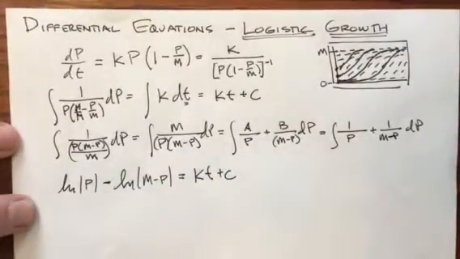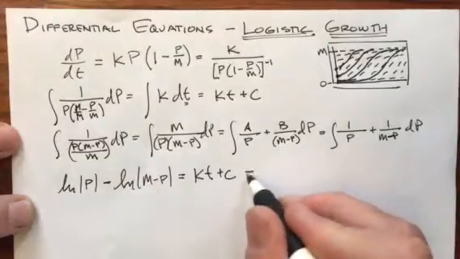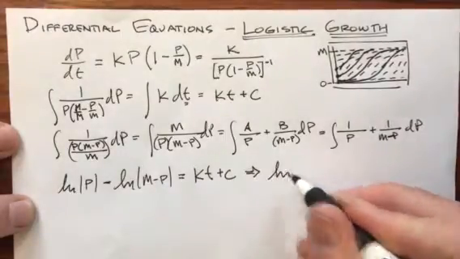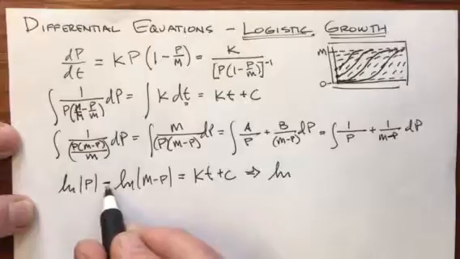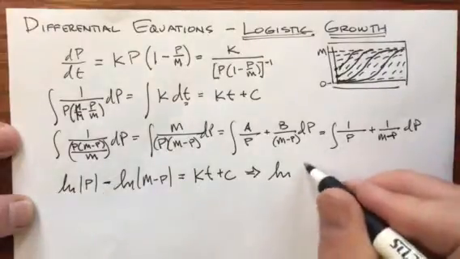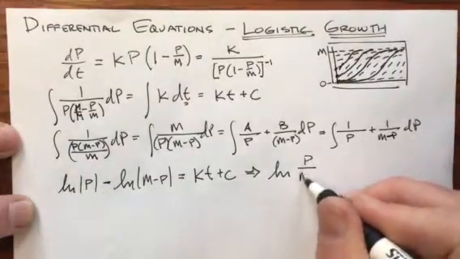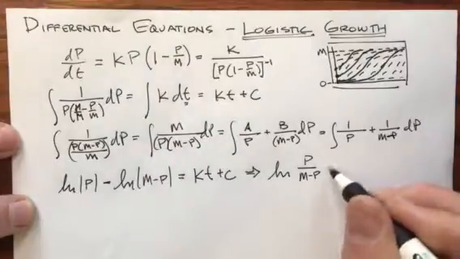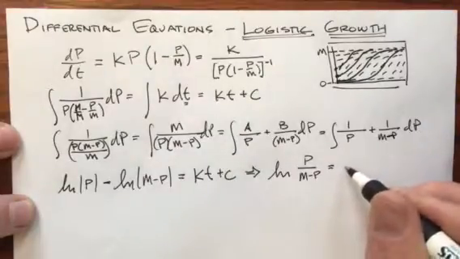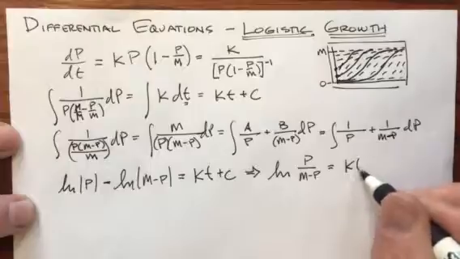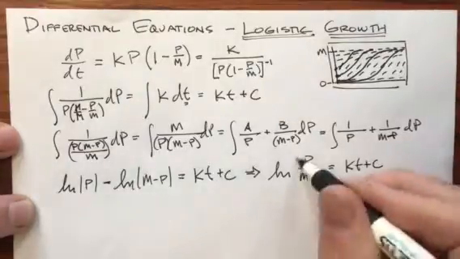Well, I can use my laws of logarithms here and write this now as the ln of p over m minus p, because if that's a subtraction, I'm dividing, and that's going to be equal to kt plus c.